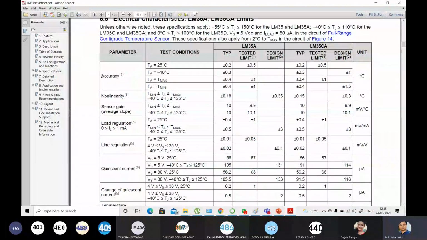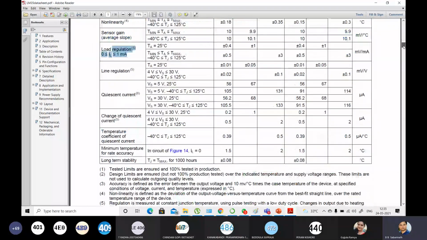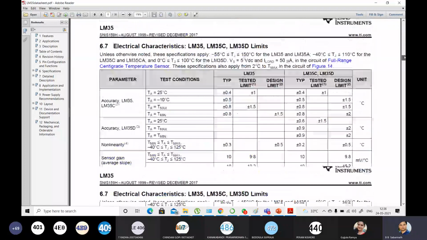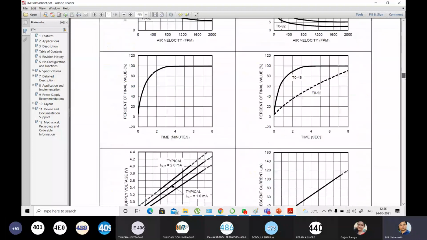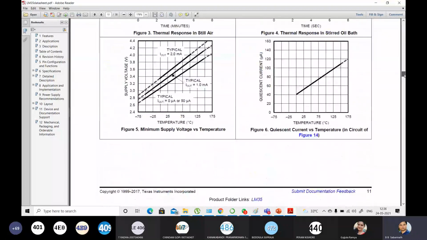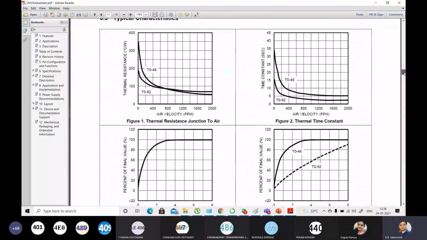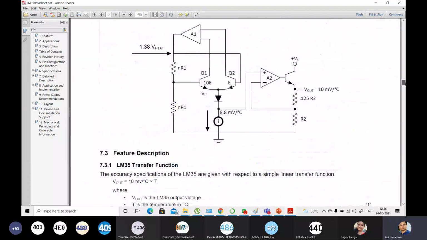You see here accuracy, non-linearity, gain, load regulation; these are the different characteristics of the sensor. You should be able to understand in what conditions it is able to run. At least a few things you should understand in this. They have also given some graphs of the sensor.